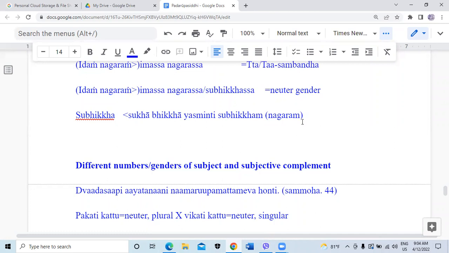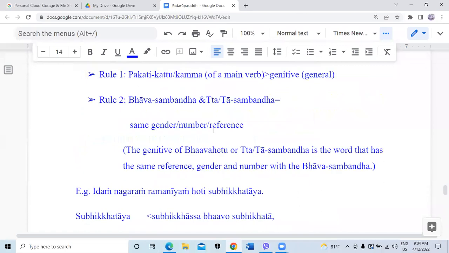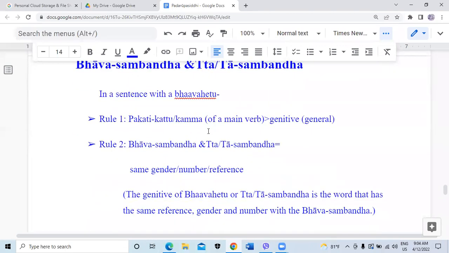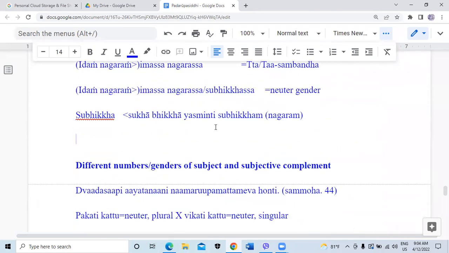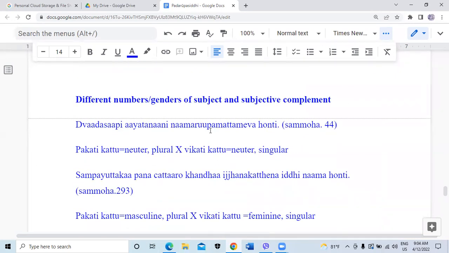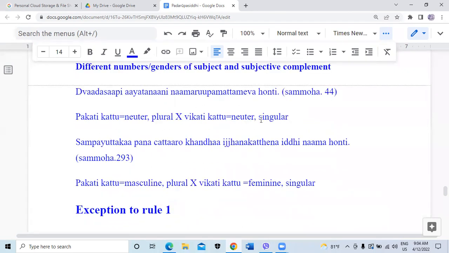Okay, any questions so far? If you don't have any questions, let's go on. So different numbers and genders of subject and subjective complement in a sentence, you have already seen.